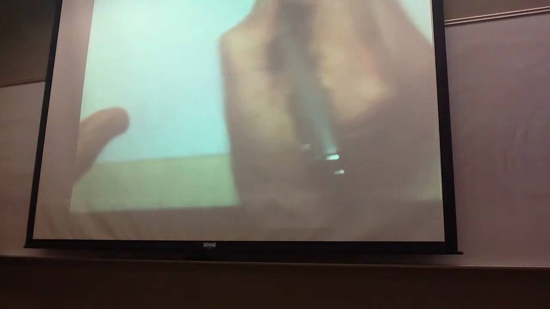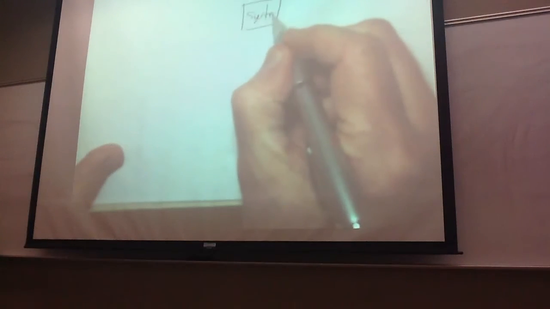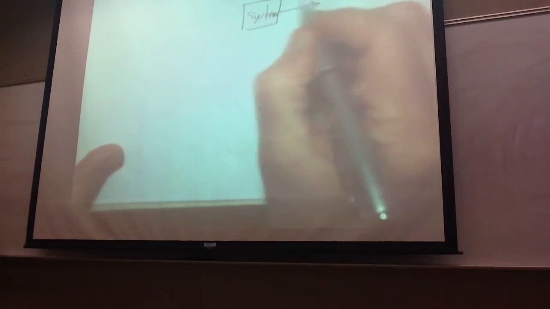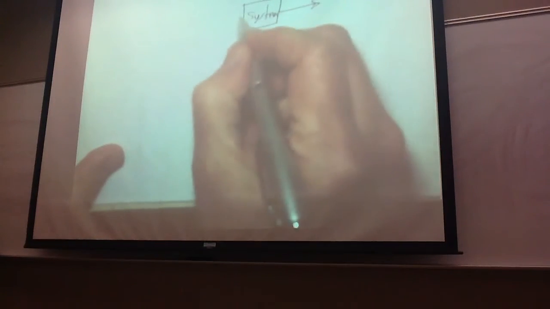Block diagram here. All right. This is our system.